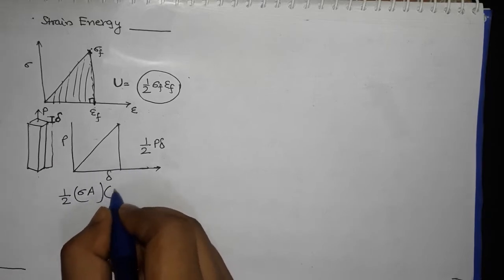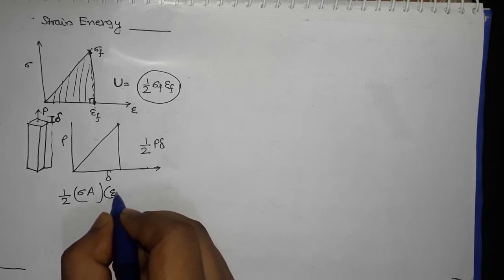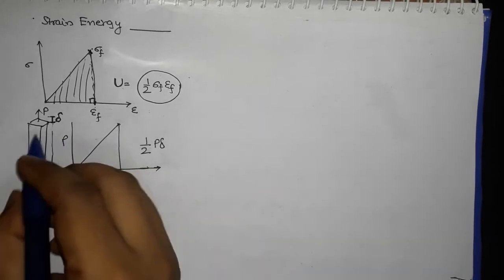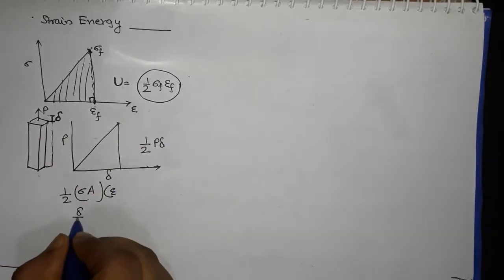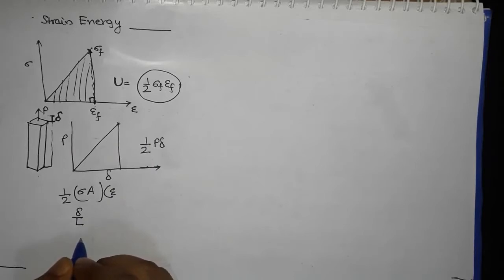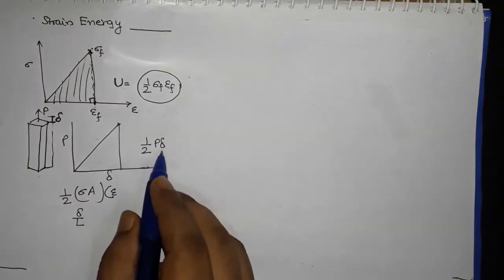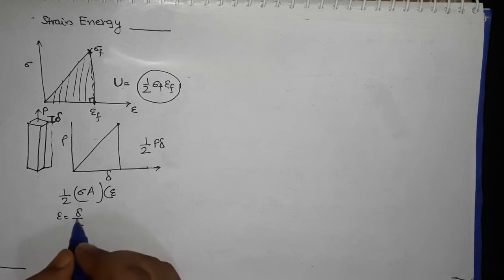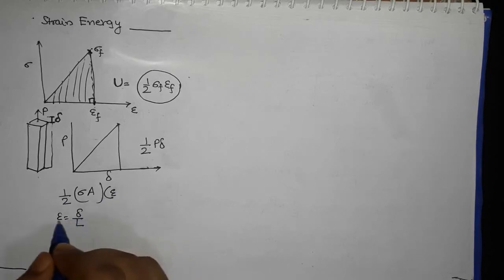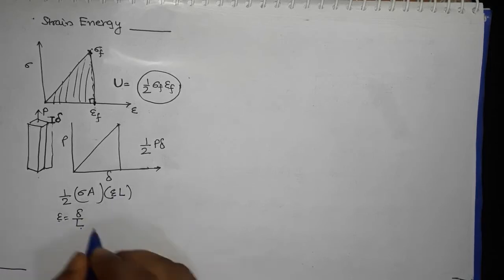So epsilon is delta L by L, the extension divided by L. So if I have to write delta, it will be epsilon into L, right?